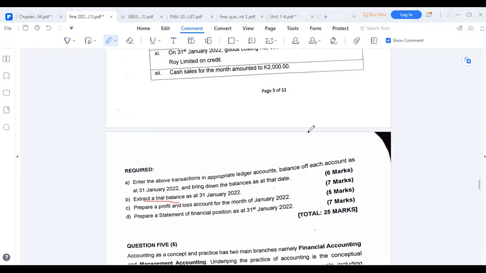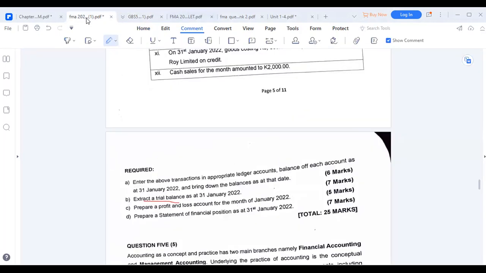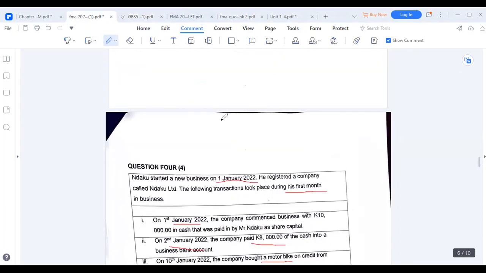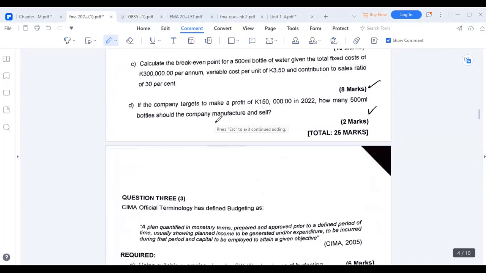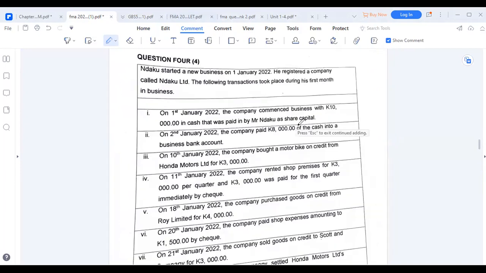So what needs to happen here is we need to start preparing, so here we look at which one was receiving and which one was giving out. So we go back a little bit. On 1st January, the company commenced business with 10,000 kwacha in cash.